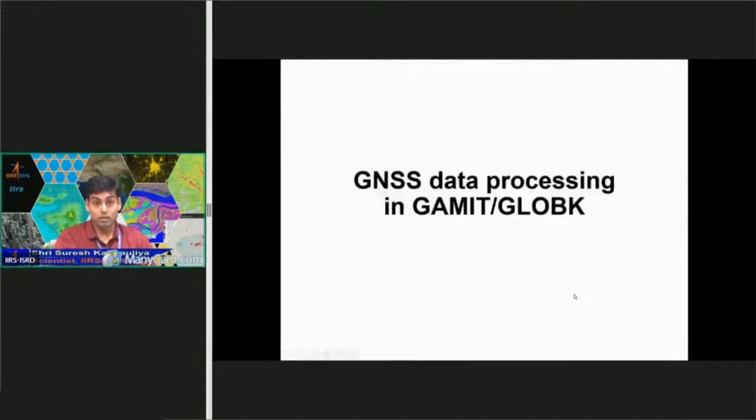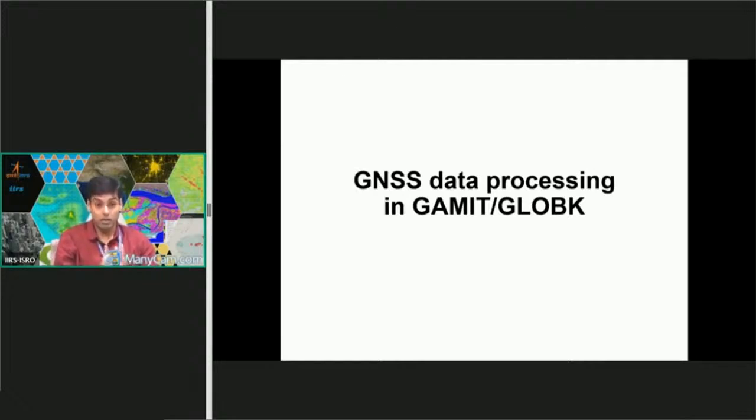Now we will discuss GNSS data processing in GAMIT and GLOBK. As I told you, there are a number of open source software packages. This is one of the open source software we can use to get millimeter or sub-millimeter accuracy, and we can apply all the error models to our acquired GNSS data.